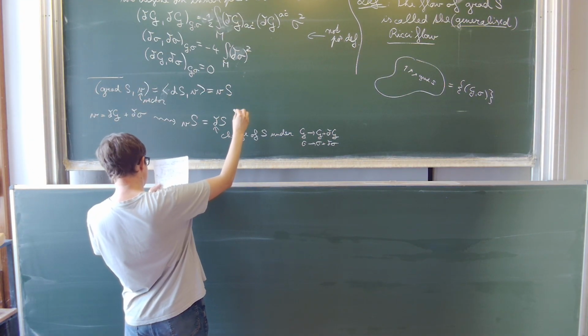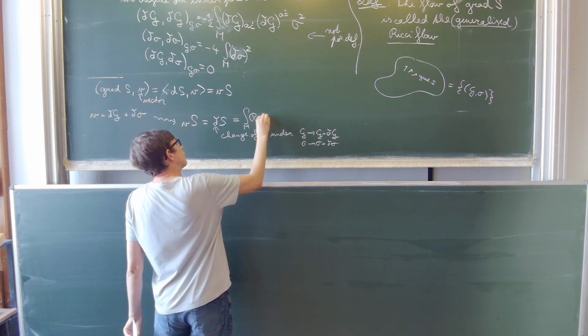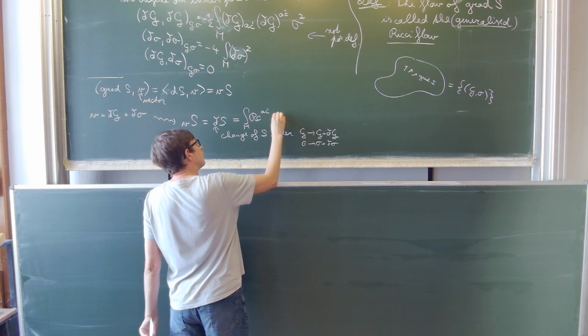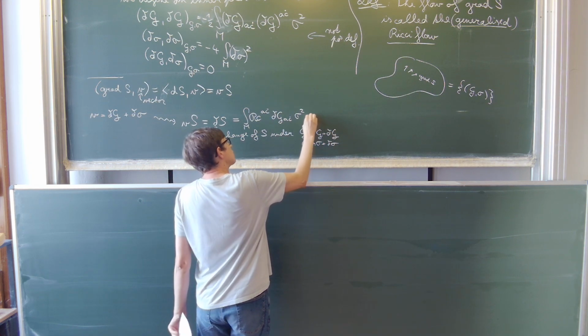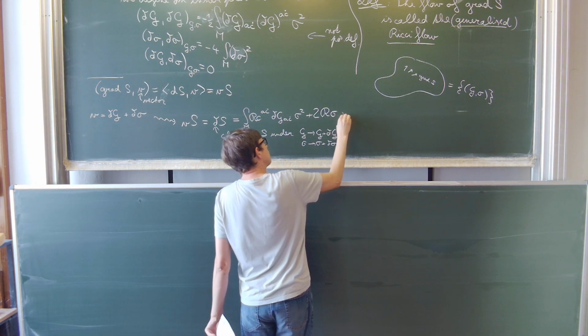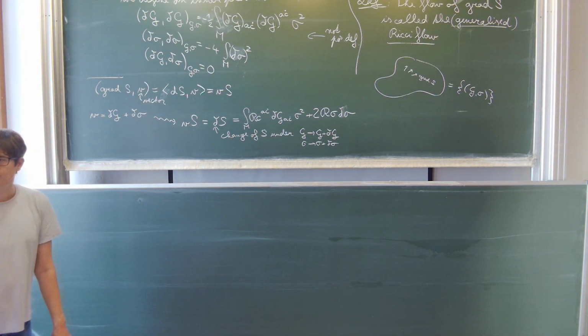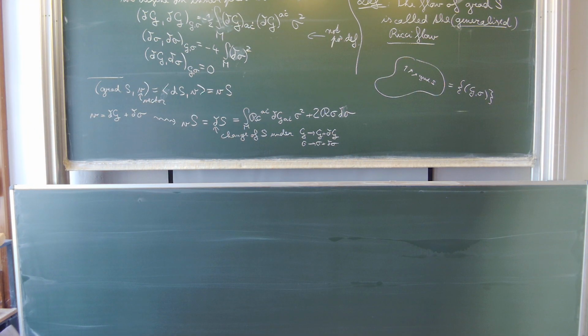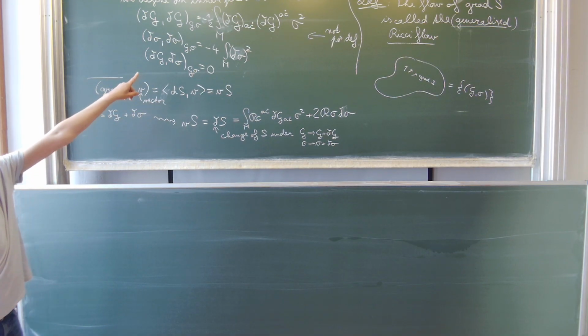So what was the result? This was the integral of Ricci ac dot delta G ac dot sigma squared plus 2R sigma delta sigma. Okay, now can I write it in this form? Well, I almost can. I have that in the product.